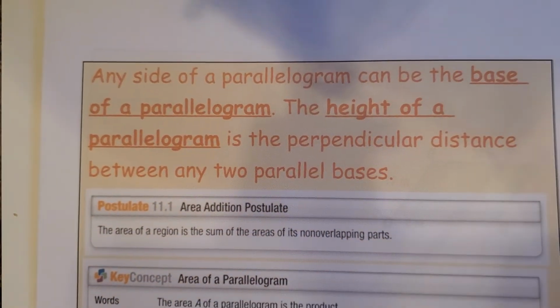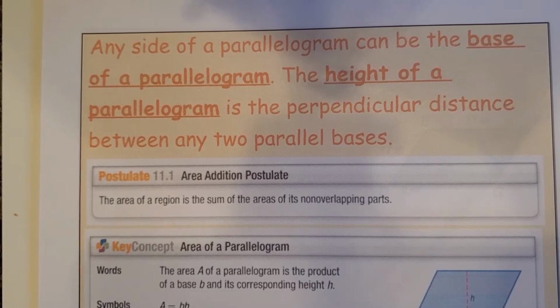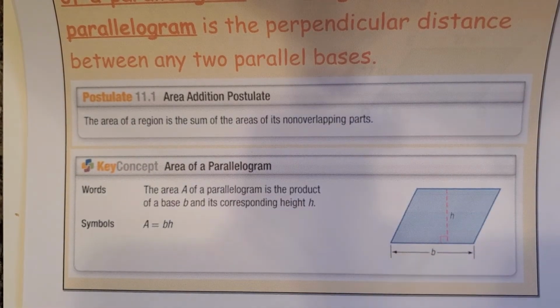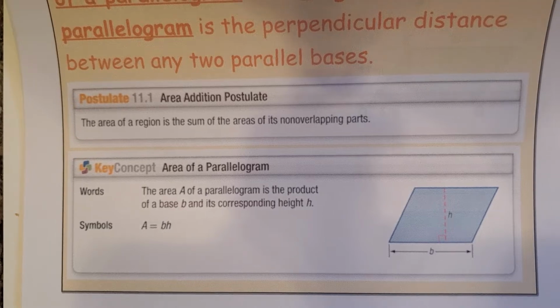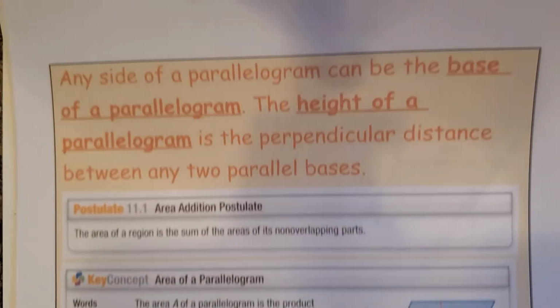The point of this slide is the fact that depending on how your parallelogram is oriented, any side can be the base. Typically, when we talk about the base, as you can see from this picture down here, it's the flat portion that looks like it's resting on the ground. What matters, though, is the height.